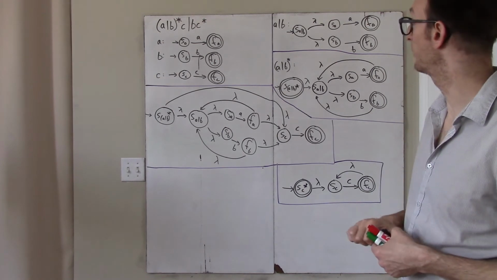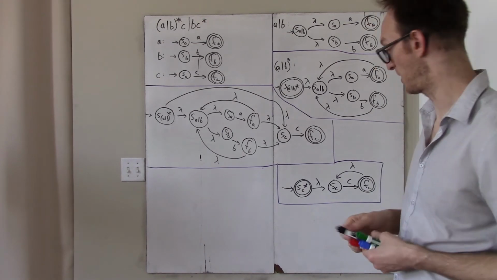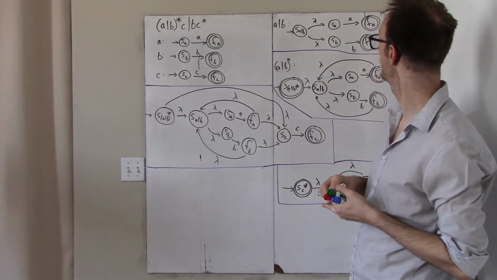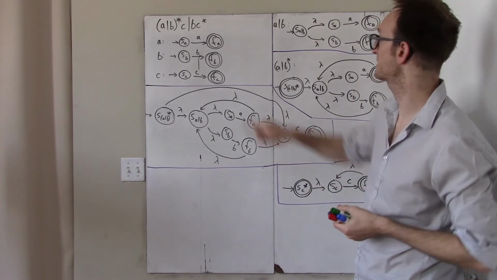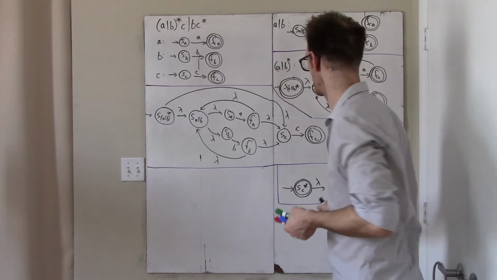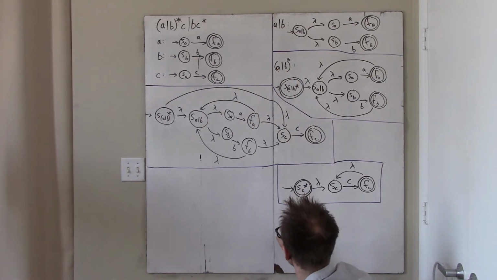Now I will represent the machine BC star. Well, how am I going to do that? I just take the B machine and perform concatenation on it with the C star machine. So, okay, I think I can squeeze this in right here.